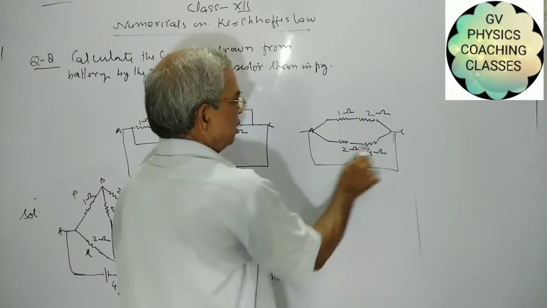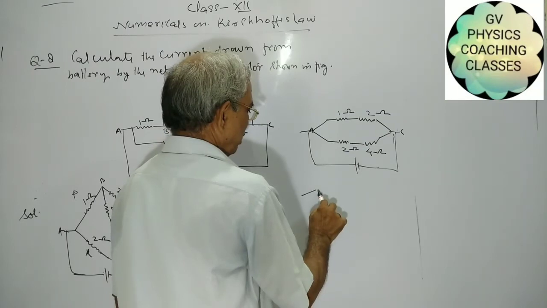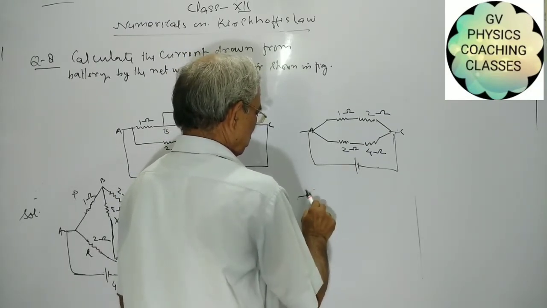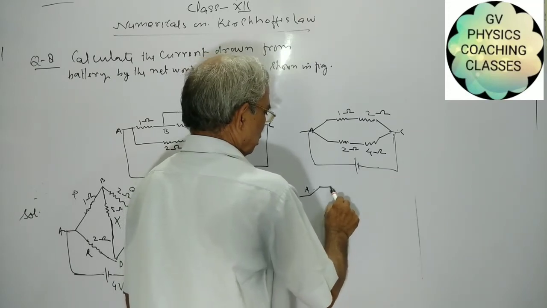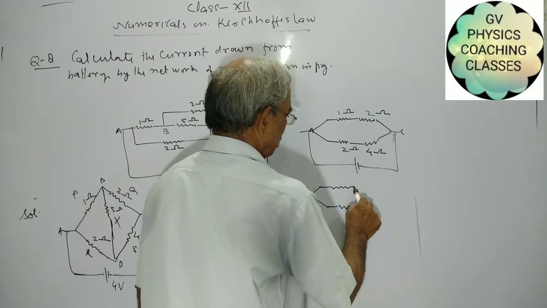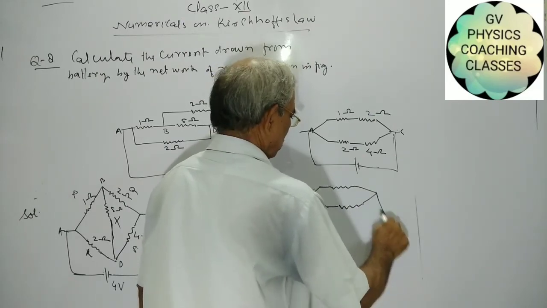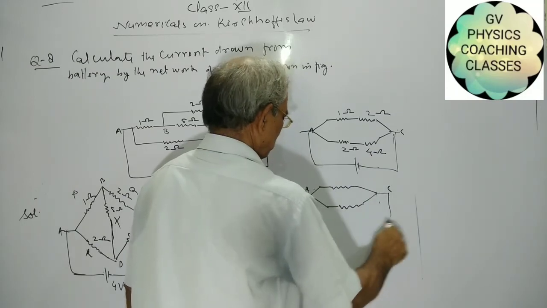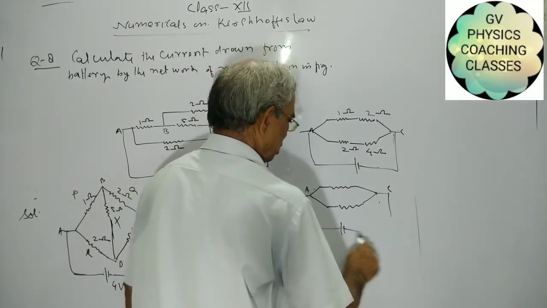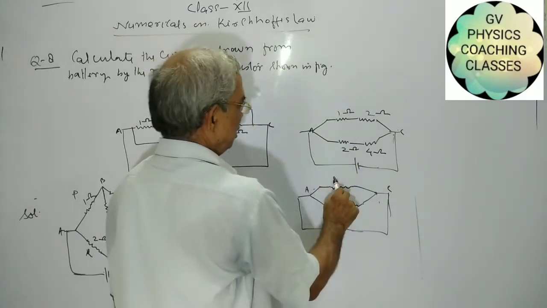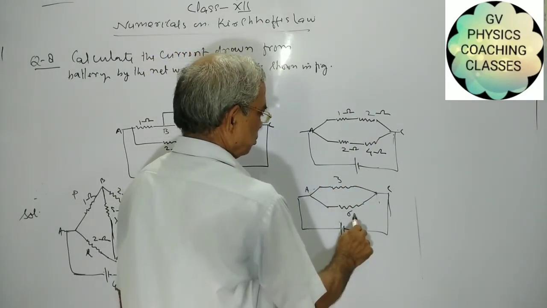Now this is in series and this is in series. So the final becomes A to C, this becomes 3 and this becomes 6.